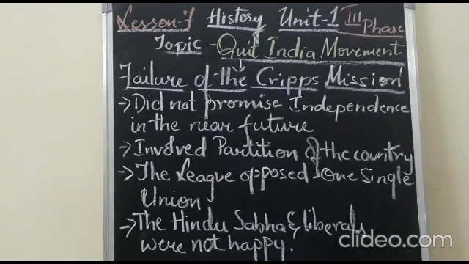So let us begin from first. The Cripps mission did not bring the promise of independence to India in the near future. The second, the plan involved partition of the country. The third, the League opposed the creation of a single union.